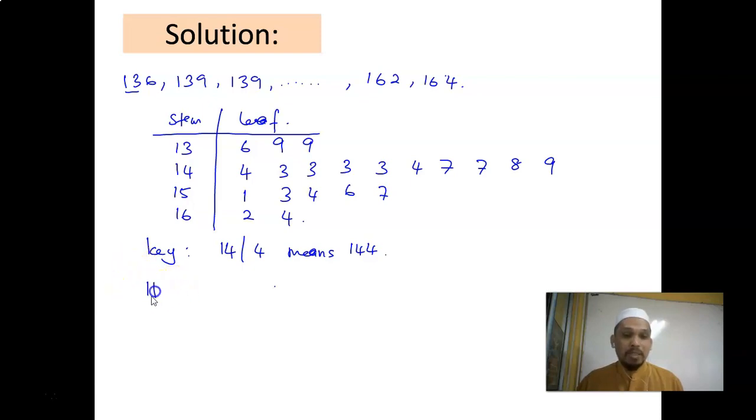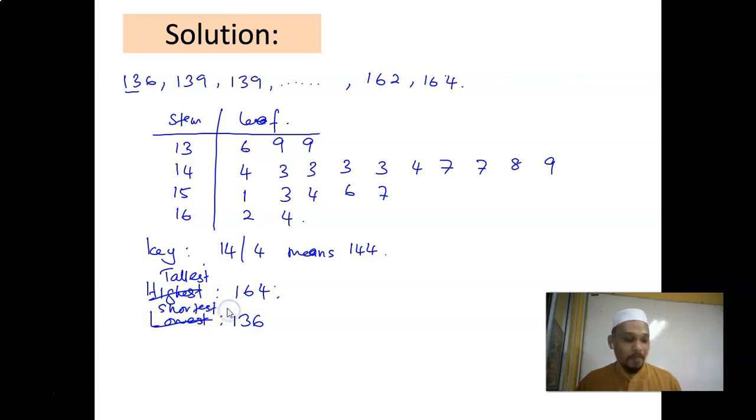So then we list down the highest and the lowest. The lowest here is 136 and the highest 164. The lowest is the shortest and the highest is the tallest.